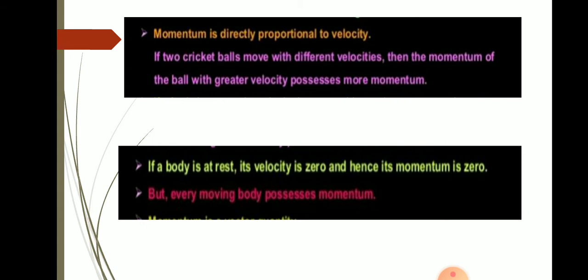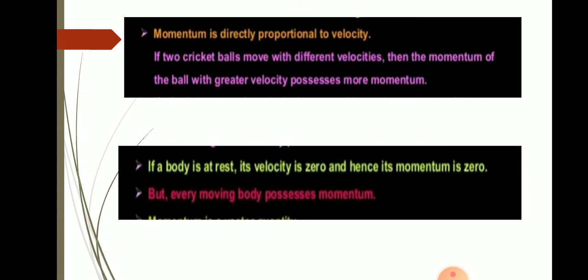In a similar way, if a body is at rest, its velocity is 0 and hence its momentum is 0. But remember, every moving body possesses momentum. So when there is a velocity, momentum is present. If the body is at rest, then the momentum will be 0.